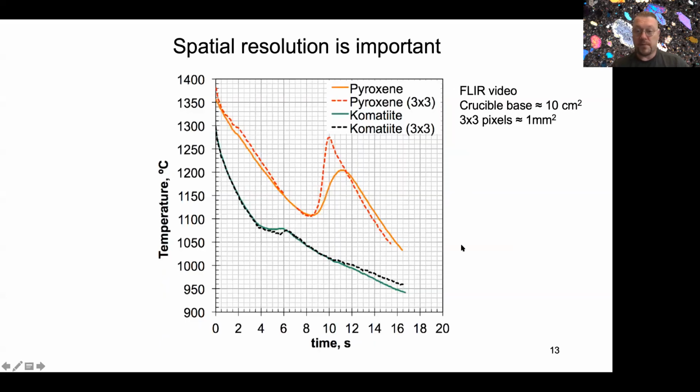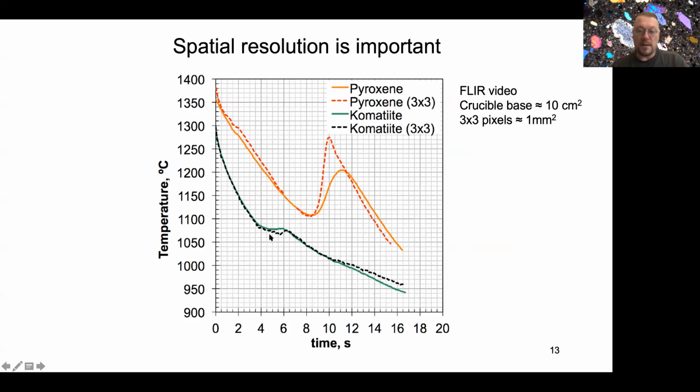Now, the software that comes with the camera can actually quantify this very nicely. The dashed lines here are focusing on 3x3 pixel areas. That's about 1 square millimeter. The solid lines average over the entire base of the crucible. Anyway, you'll see that in the space of less than 2 seconds, the pyroxene melt here heated by more than 150 degrees.